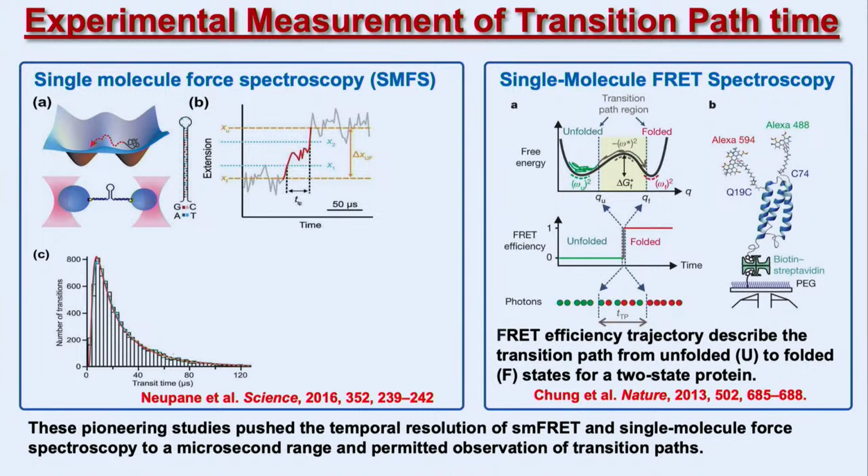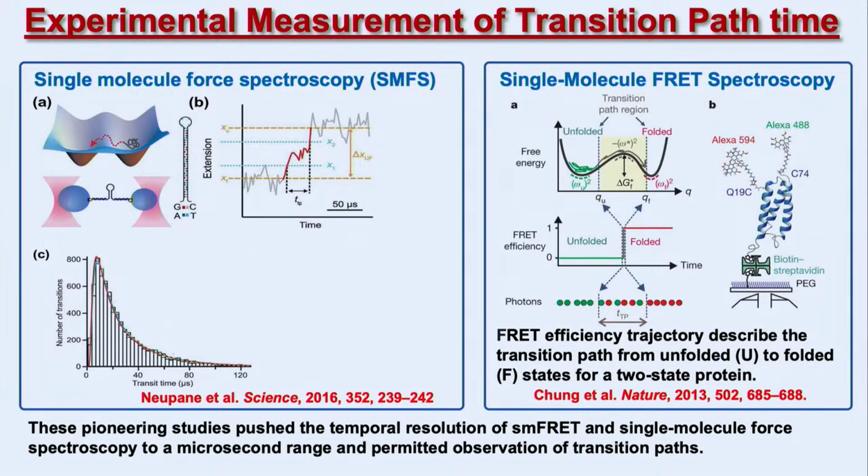In such an experiment, a DNA hairpin is attached to two beads held in optical traps under tension, and the displacement of the beads helps monitor the state of the molecule. As the unfolded form is more extended than the folded one, by measuring the extension profiles one can find out the state of the molecule.